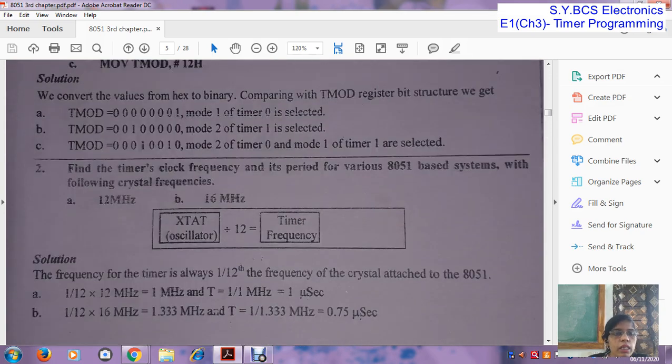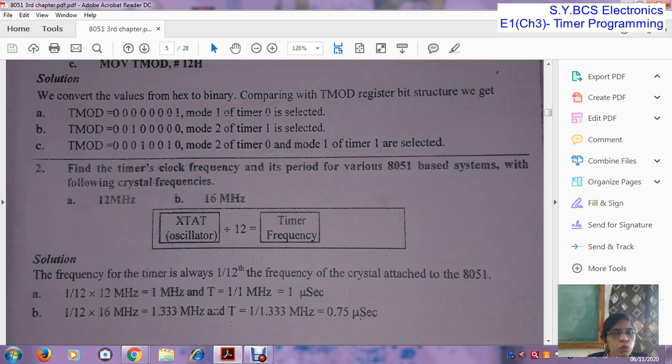Now the next example is to find the timer clock frequency and its period for various 8051 based systems with the following crystal frequency. Suppose the crystal frequency, that means the microcontroller frequency, is 12 megahertz. Depending upon this, how do we calculate the timer frequency?